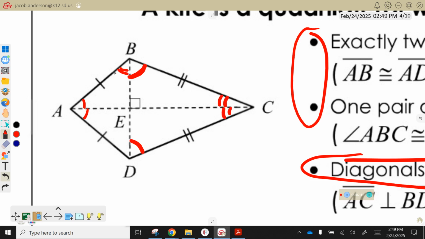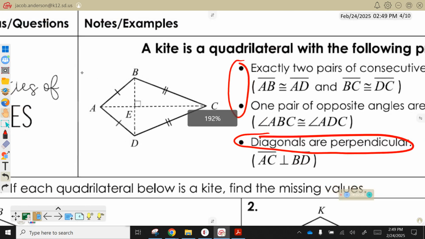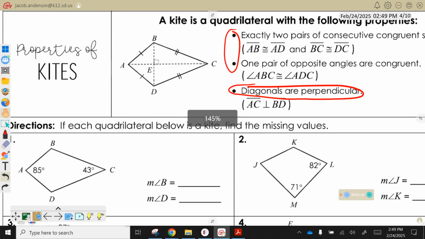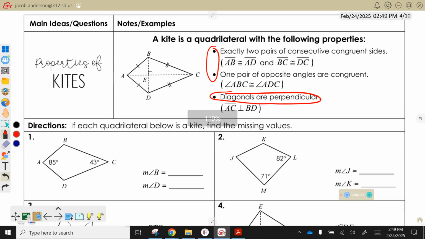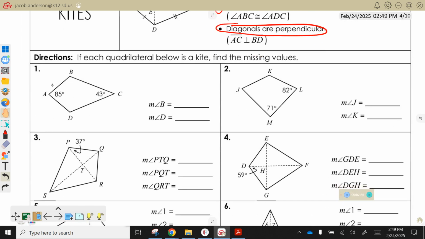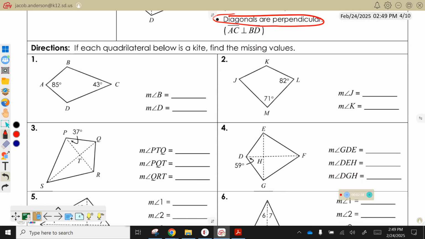And then lastly, this one and this one. If you see what I'm saying there, everything is symmetrical on one half to the other. So that should help you with all of these questions down on the bottom. Our main properties are that the diagonals are perpendicular, and then after that, it's just symmetry. You're just looking over at the other side to figure out what the answer is.